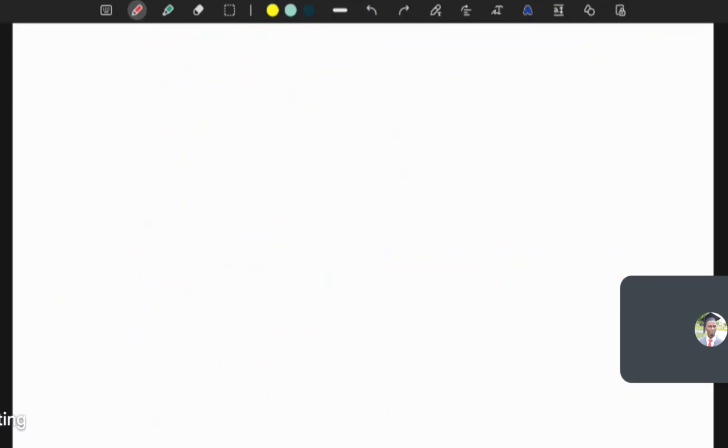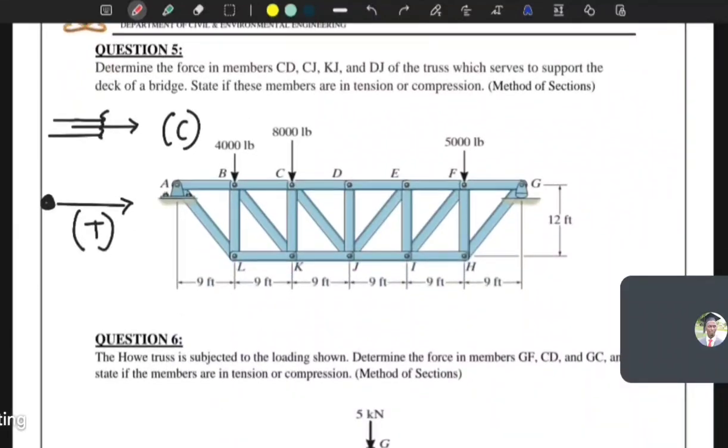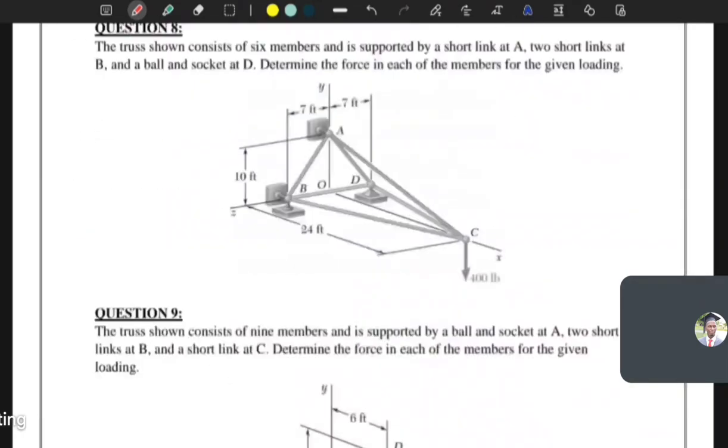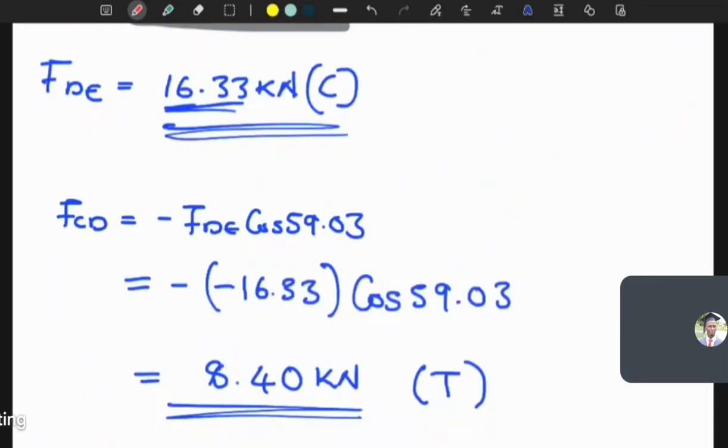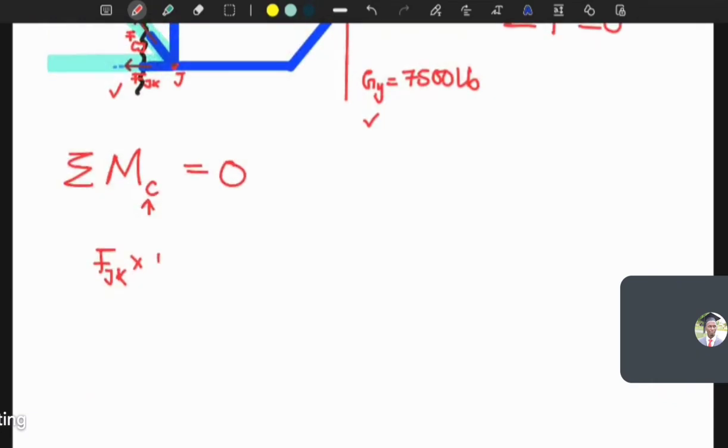We go back to the original diagram. It's from somewhere here, from here up to here. That distance is given as 12 feet. So this is going to be times 12.